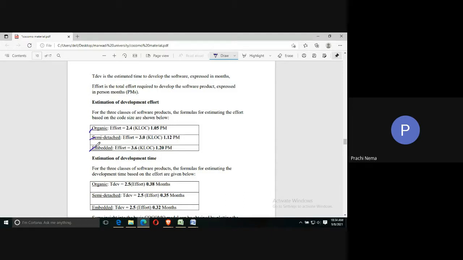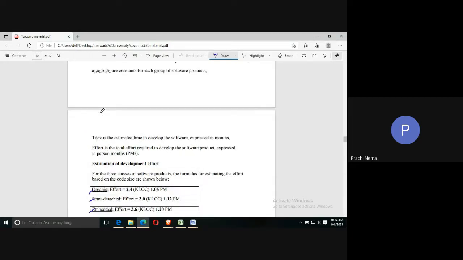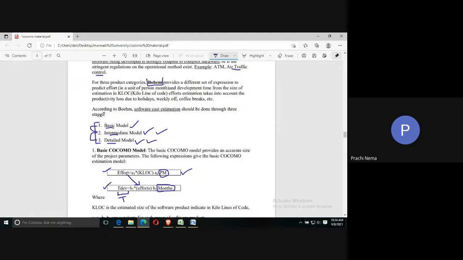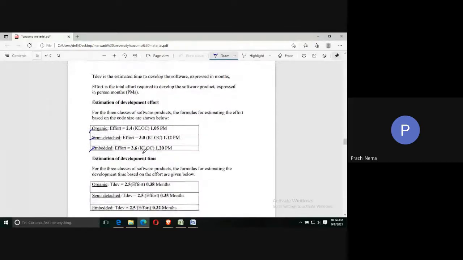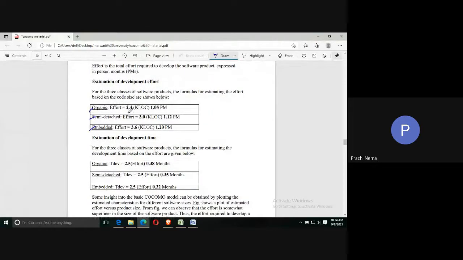So the generalized formula of effort and time for basic COCOMO will have three versions. Why? Because the value of the constants changes for each type of project.